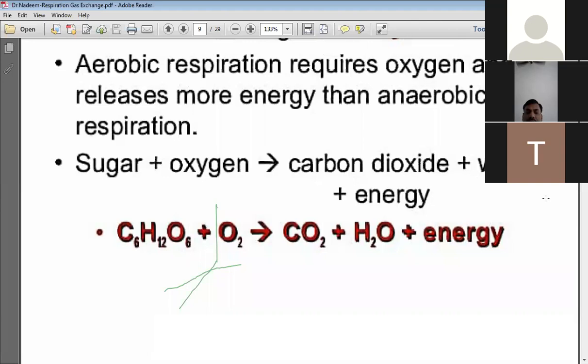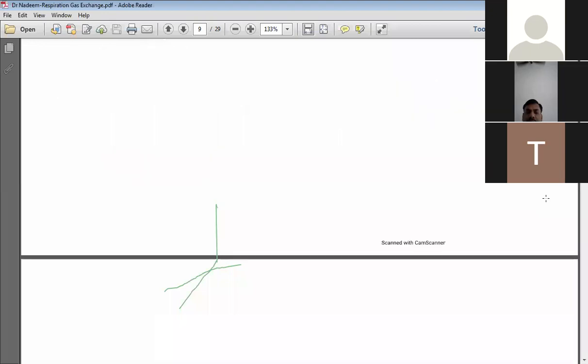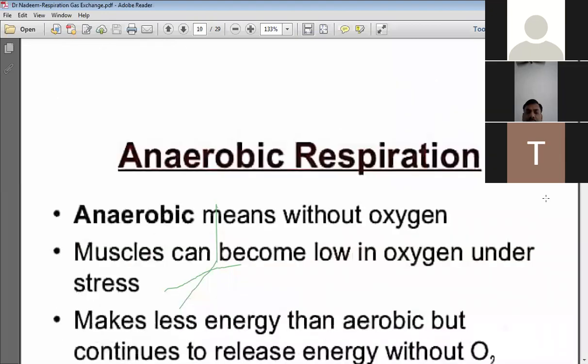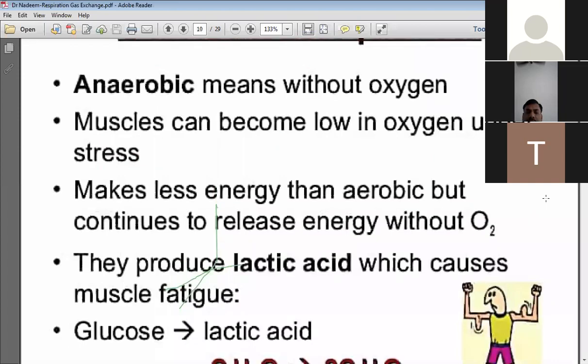At that time, there is a rapid requirement of energy. However, a low amount of energy is released. But it is giving energy. Anaerobic respiration means it occurs without oxygen.